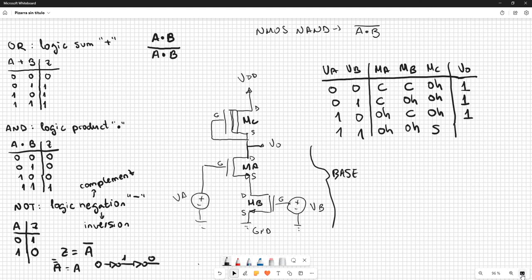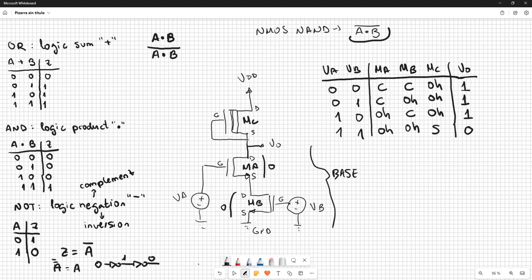And this is exactly the opposite case, the output of the AND gate. So this is a NAND gate, as we see here.